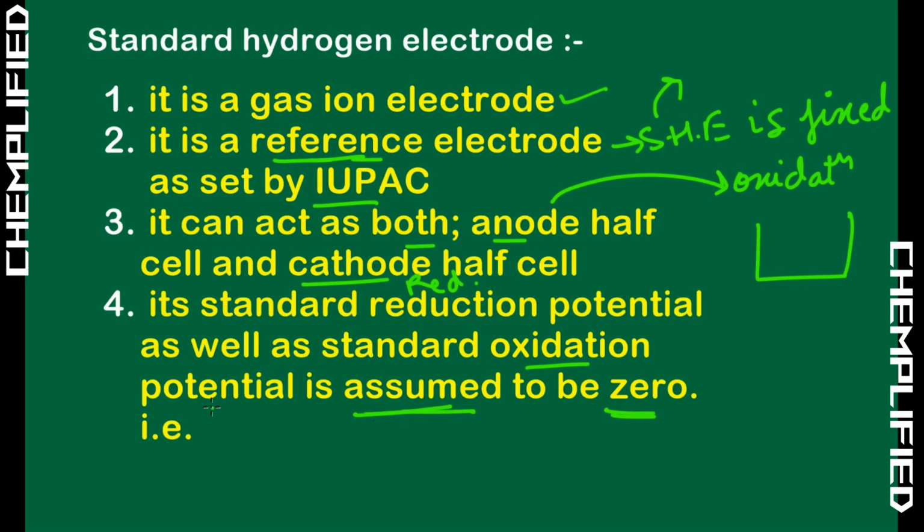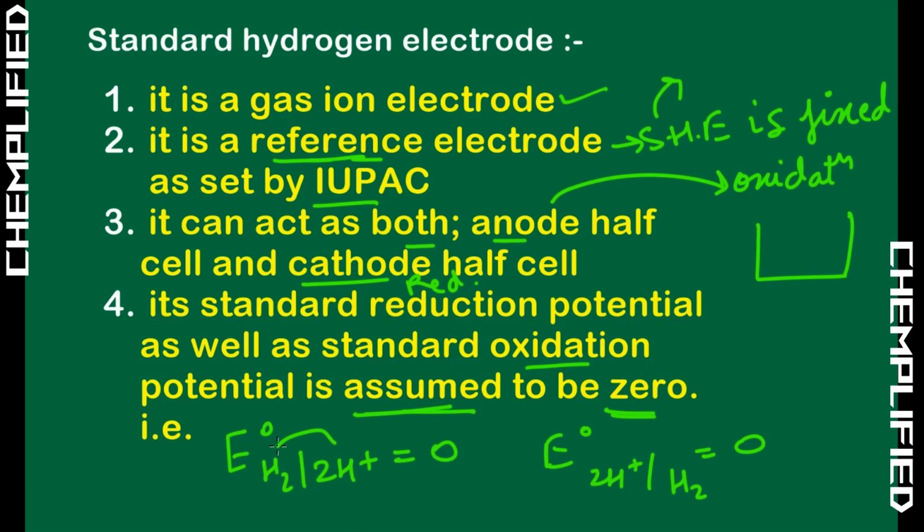Now, by assuming standard reduction potential as well as standard oxidation potential to be 0, it means to say that E naught H2 to 2H plus is equal to 0 and E naught 2H plus to H2 is also equal to 0.